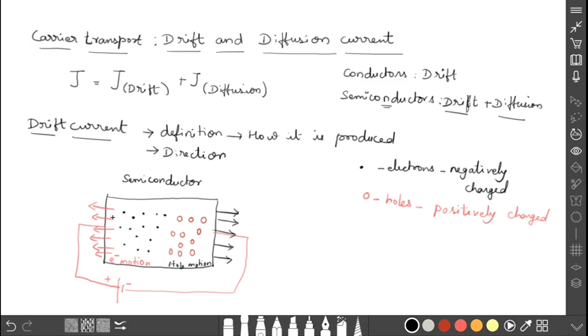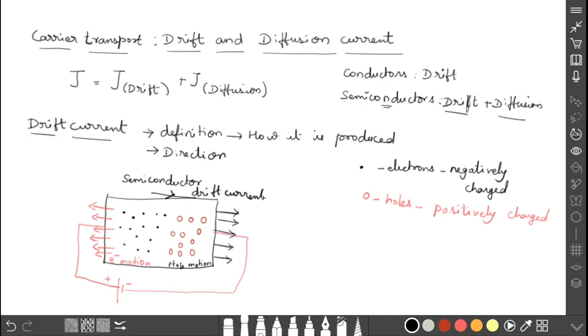Electron motion is here and hole motion is there. The overall direction of this drift current will be along the direction of the holes, opposite to the electron motion. This we already know from the conventional current direction.